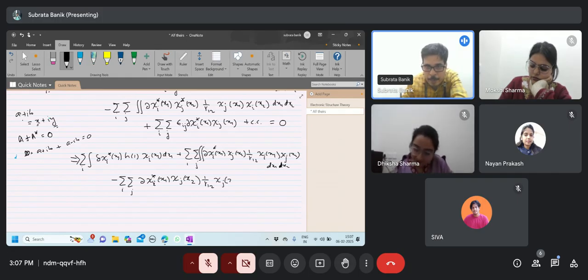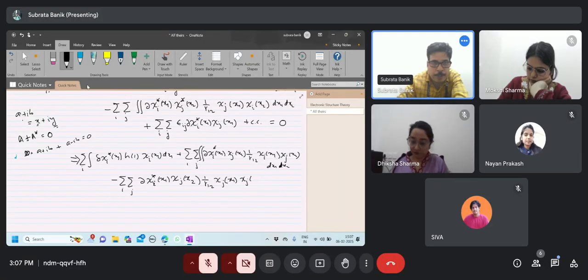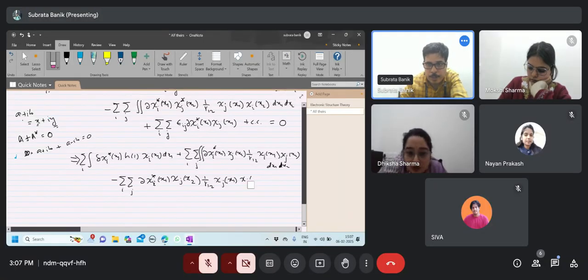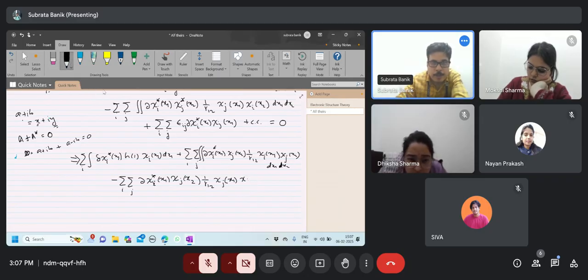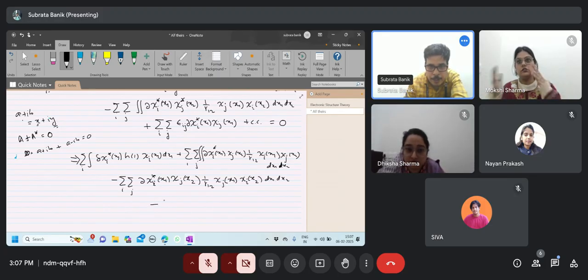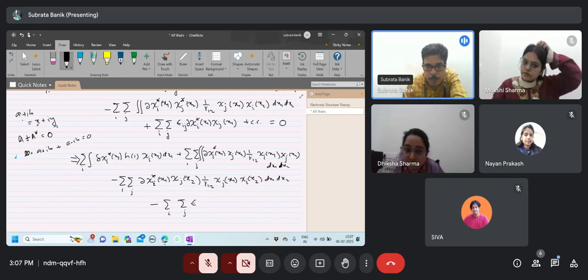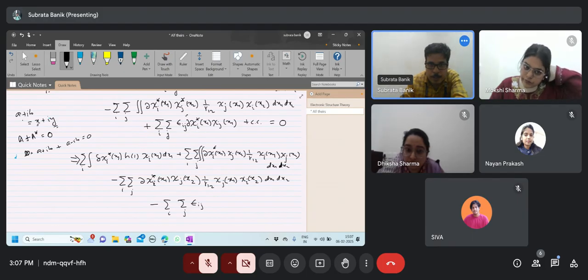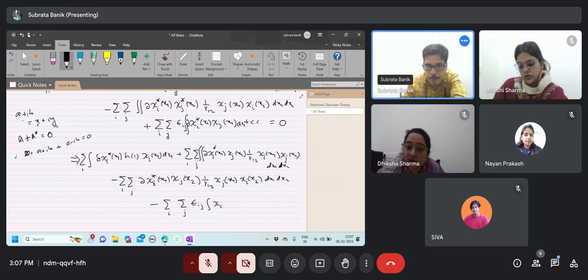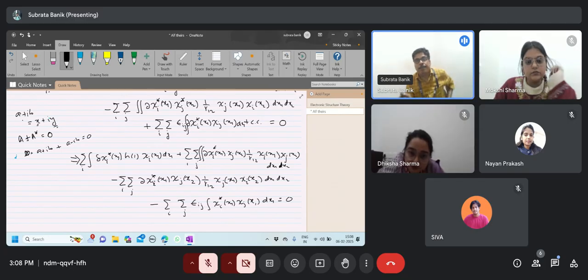In the exchange term, I have x1 by j of, I'm sorry, by I of x2 dx1 dx2, minus sum over I, sum over j, epsilon ij, there is integration. This is dx1, right?